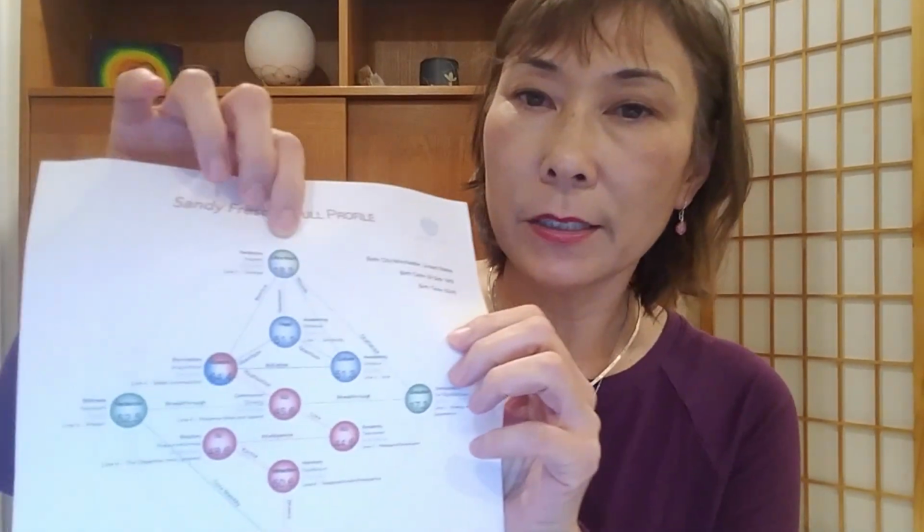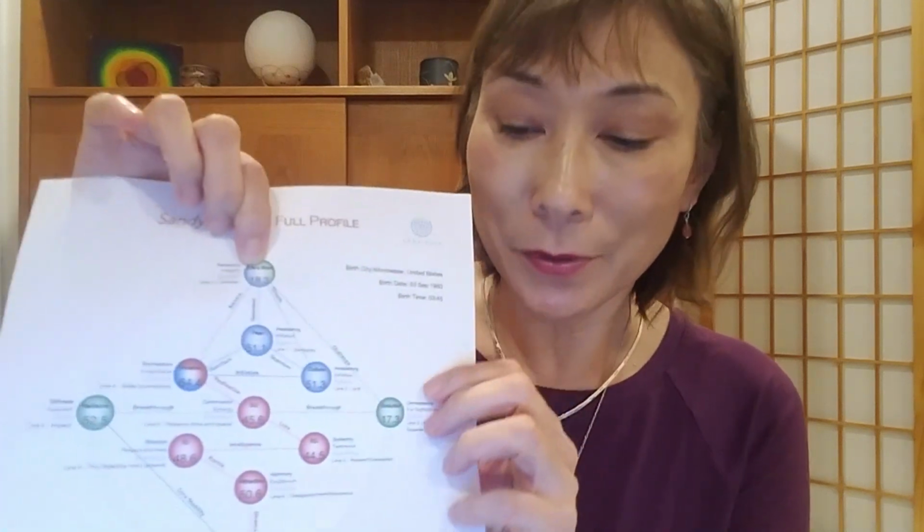So the activation sequence is known as your genius. It's the four keys that you reflect upon, that you contemplate, to really get in touch with your genius. The first one is known as your life's work, and it is what you're here to do.